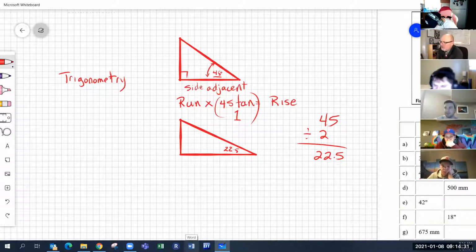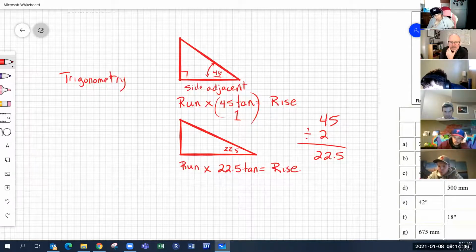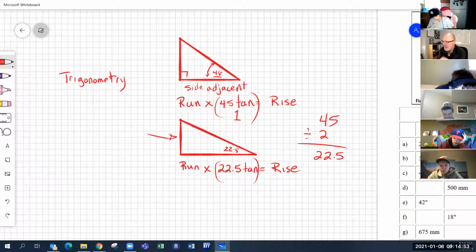So we're going to use this number moving forward as well. So we're going to have the run, and if we multiply that by tan 22.5, that would equal the rise. That would equal this line right here. So type in tan 22.5 in your calculator. It should come out to 0.414.